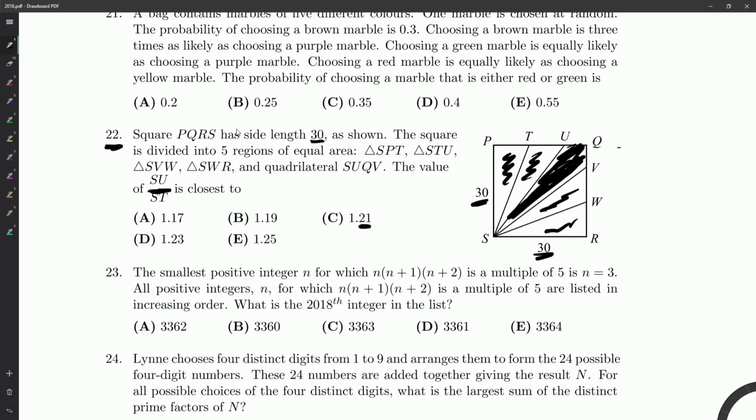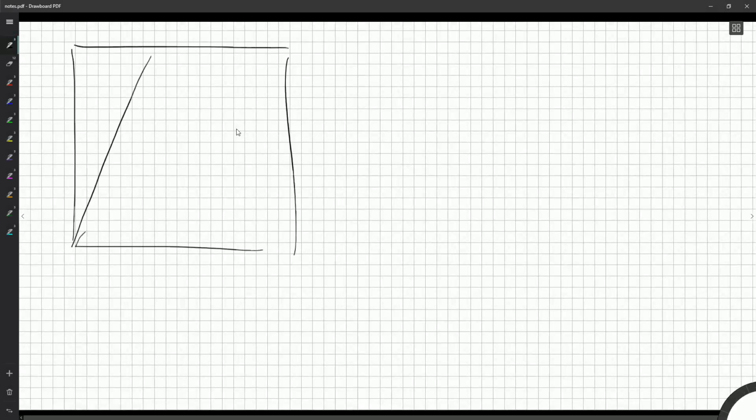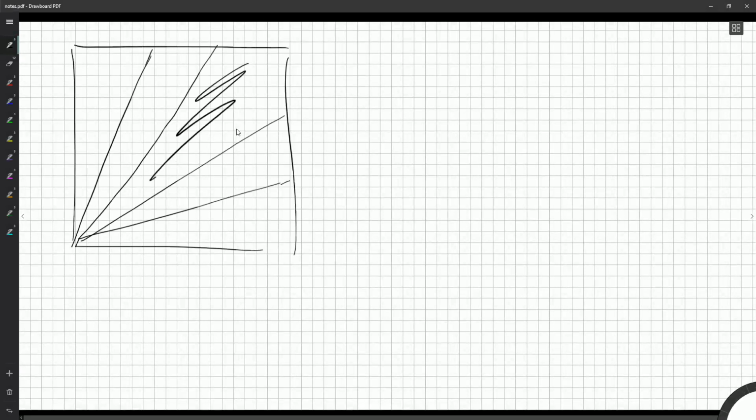All right. Well, we know the 5 regions are of equal area. Now, I really want to avoid this quadrilateral if I can. It's not a nice looking quadrilateral, not like a rectangle or a trapezoid.